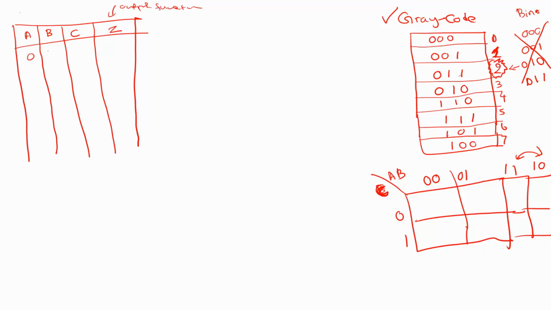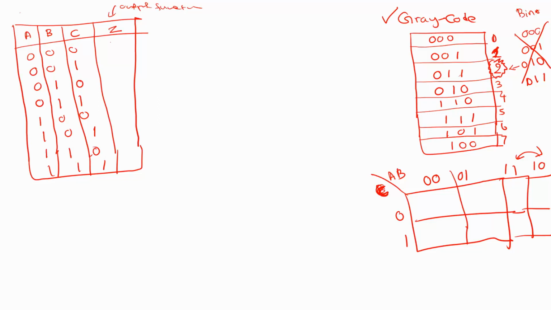0 0 0 0. 0 1 0 1. 0 0 1 1. 1 0 0 1 0 1. 1 0, and the final one is 1 1 1.